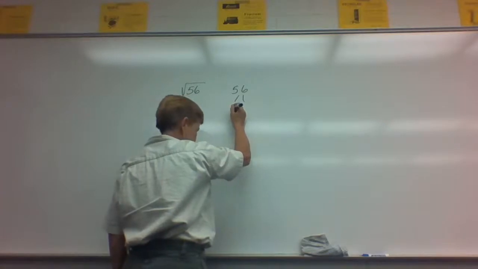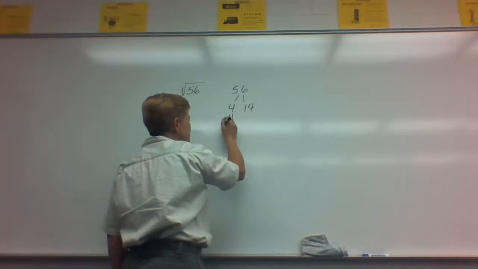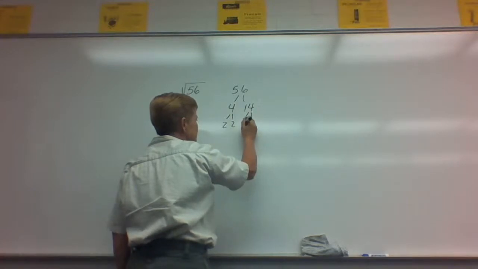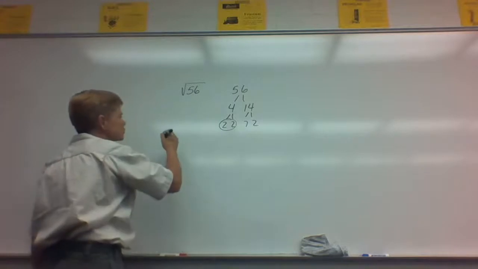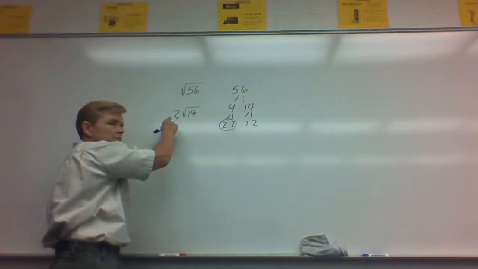Divided by 4 is 14. Then this is 2 and 2, and 7. So 4 is the only thing that's going to square root. And so the answer is 2 root 14, plus or minus?